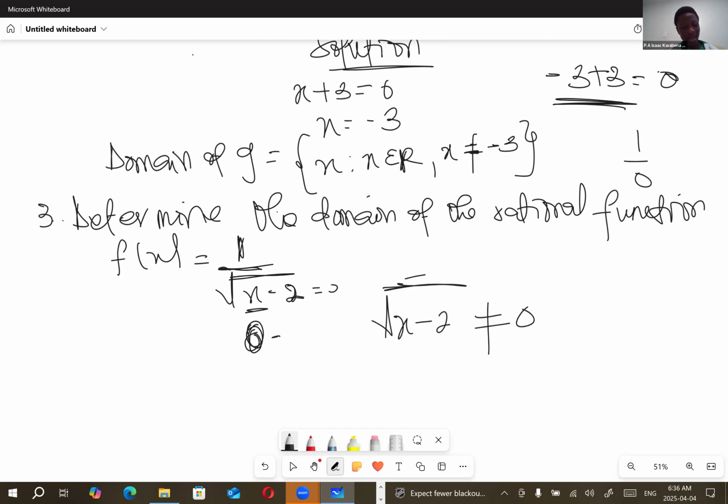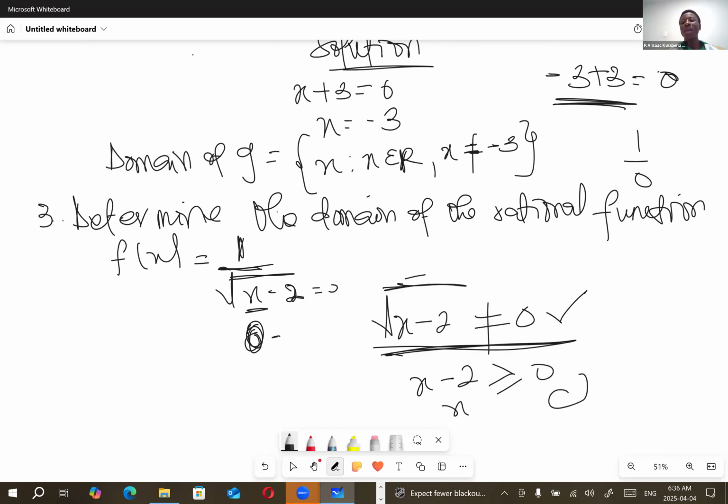And then he did another thing. Greater than or equal to 0. I may actually agree with you with this one. And then your next one is x minus 2 greater than or equal to 0. And you solve further by saying x minus 2, when it's greater than or equal to 0, doesn't make it undefined.